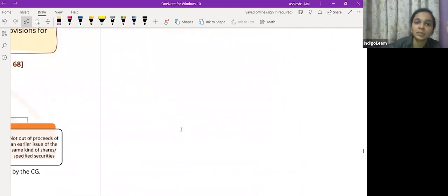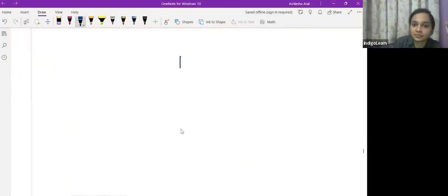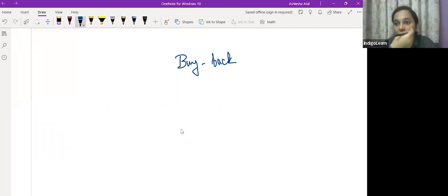So सबसे पहले तो मुझे ये बताओ buyback का मतलब क्या होता है? And why do you think a company buys back its own shares? Why do you think a company would buy back its shares?